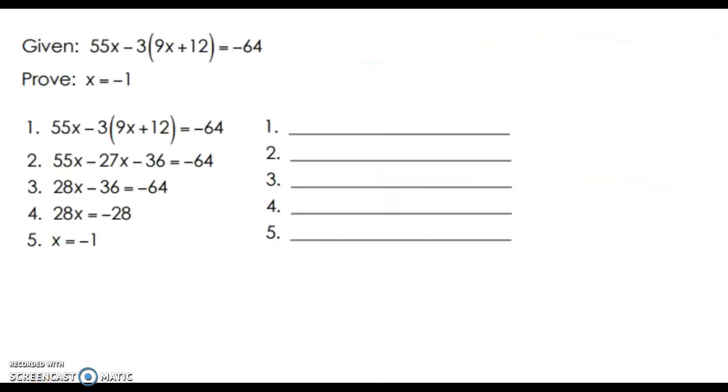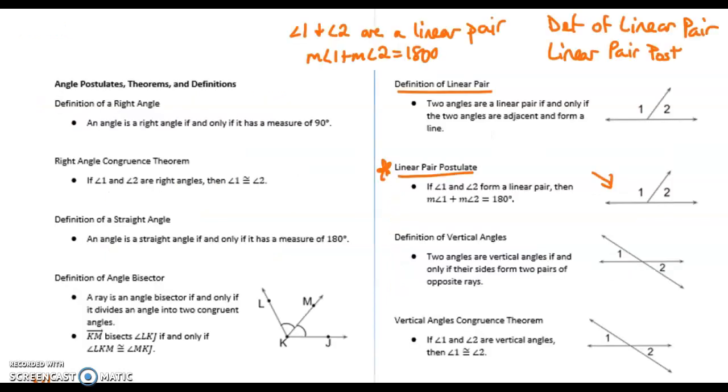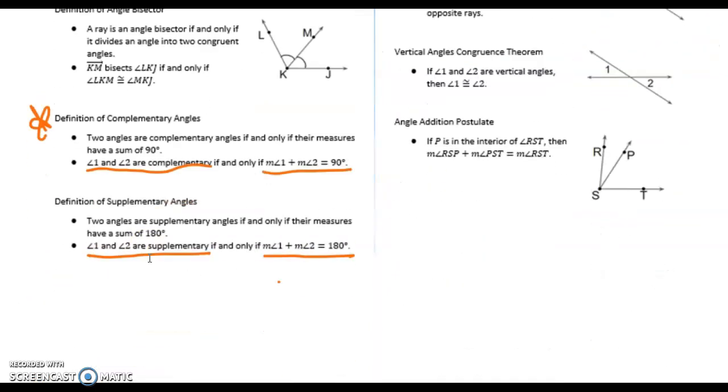So let's take a look at the first proof. It says given angle AEB is a complement of BEC. So they wrote it on line 1 and they wrote given. So far so good. Now the key word is complement. So remember, on the angles page, we have the definition of complementary angles.